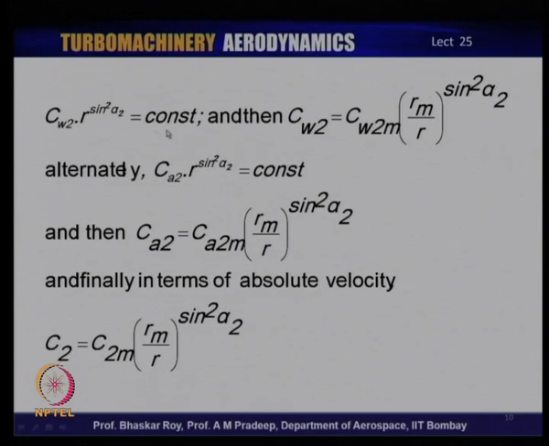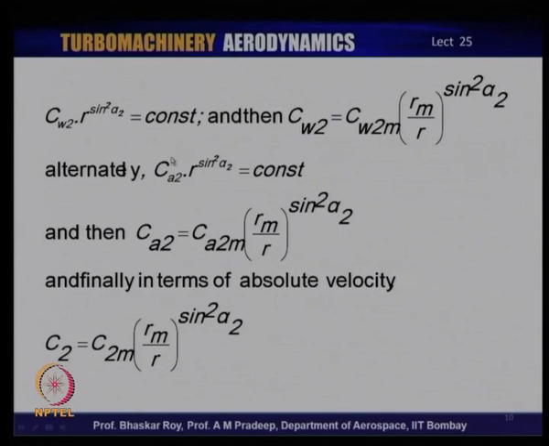Now, this you can see is a different equation, very different from the one we had for free vortex law. And then of course, we get C W 2 equal to C W 2 m, that is related to the mean radius or the mid radius of a turbine, into the radius ratio to the power sin square alpha 2. So, the variation of the parameters now is beginning to look quite different from that we had got in case of free vortex design.